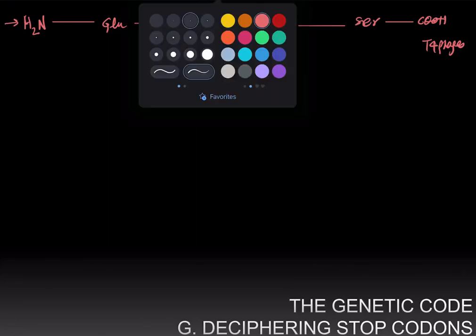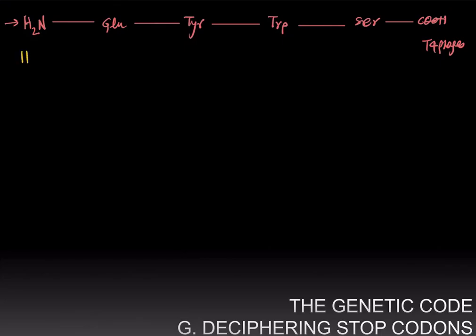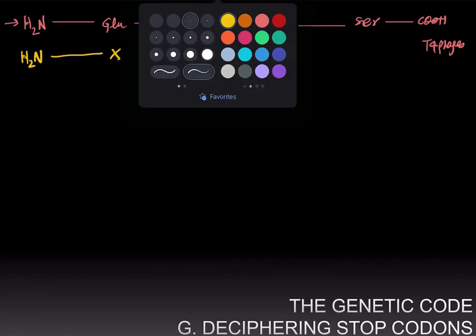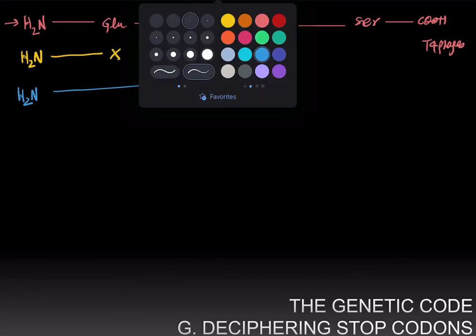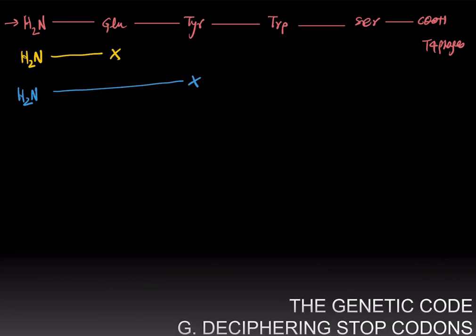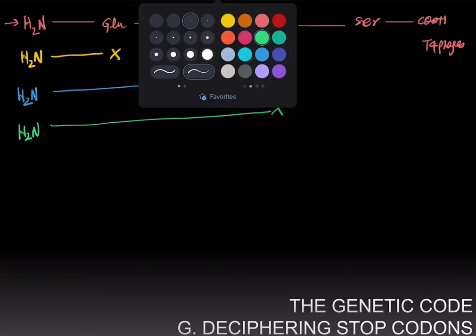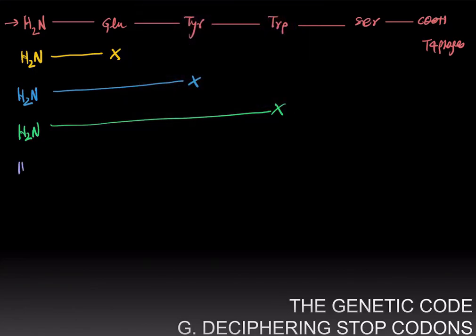So perhaps one truncated mutant is like this, another truncated mutant is like this, a third truncated mutant could be like this, another one could be like this.